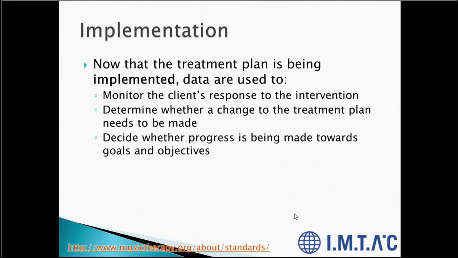We can conduct observations, we can collect measures or tests, and then if we are intervening on a behavior or response that is occurring outside of the music therapy session, perhaps these are things that are going on in other locations within a hospital or in a facility, reviewing records can be an excellent way of monitoring someone's response, or we can make some inferences about how they are doing in response to or as a function of them participating in music therapy. And so what we're doing is relying on other disciplines and our colleagues and their documentation to determine any changes in our treatment plan, but also their response to our intervention.